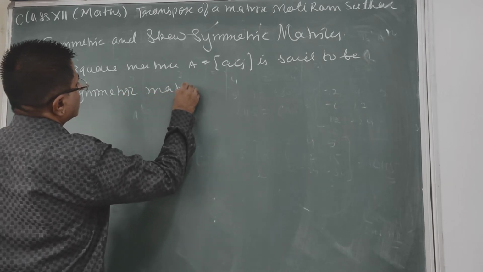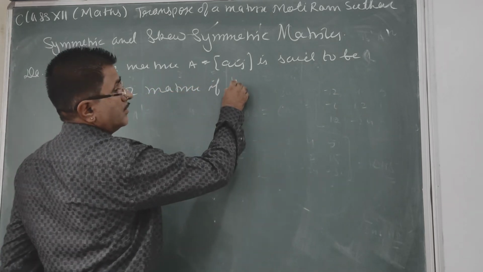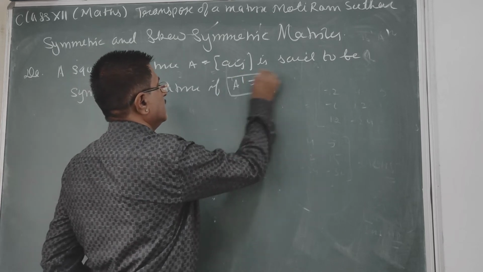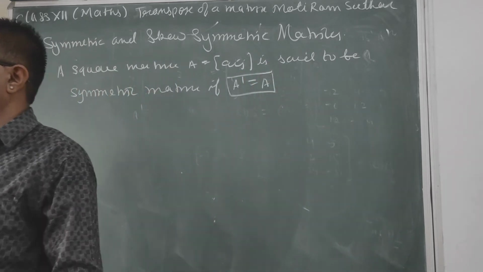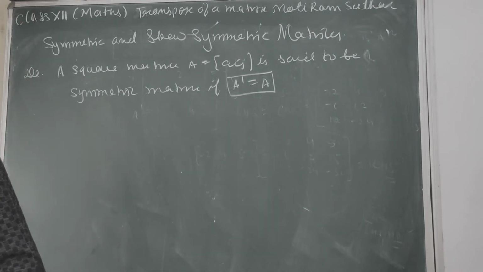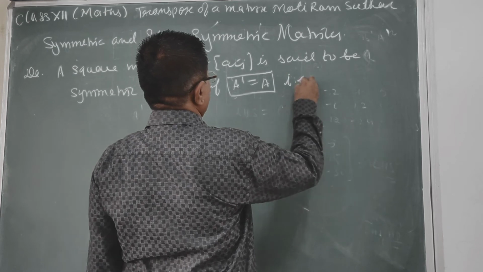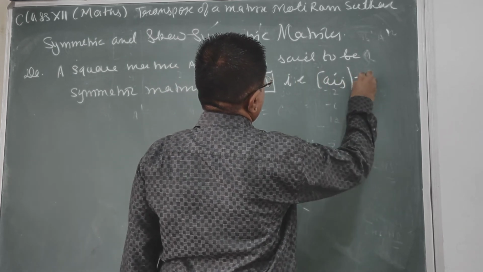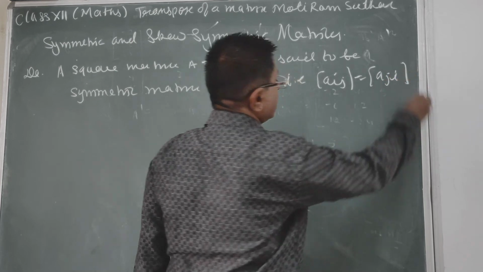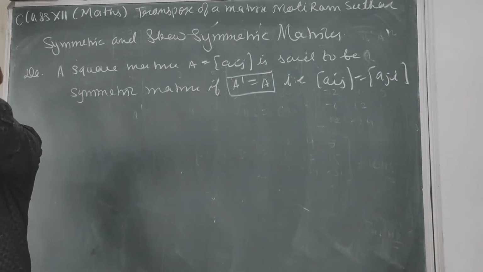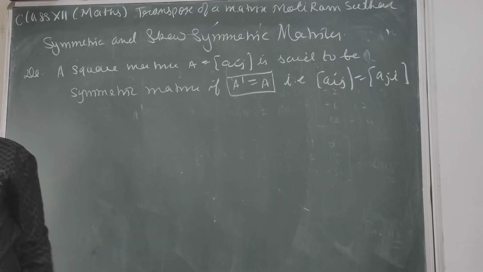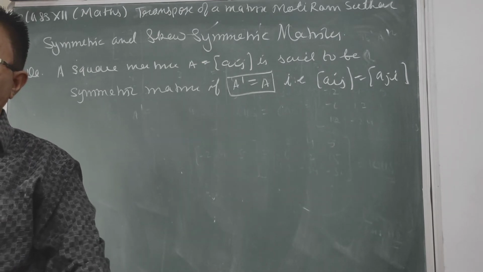Symmetric matrix. A matrix is said to be symmetric if A transpose is equal to A, that is Aij equal to Aji, and it is considered as a symmetric matrix.